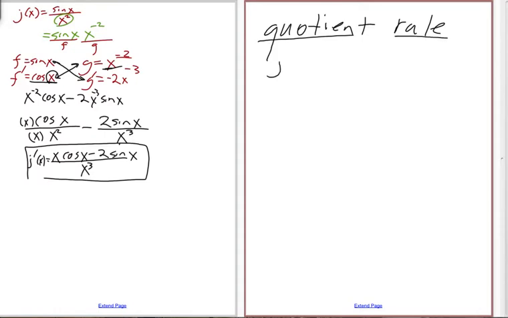And let's deal with the same function. Oh, well, before I do that, let me give you the rule. So the quotient rule: if I have a function which is a quotient of two functions, in other words, possibly a rational one.